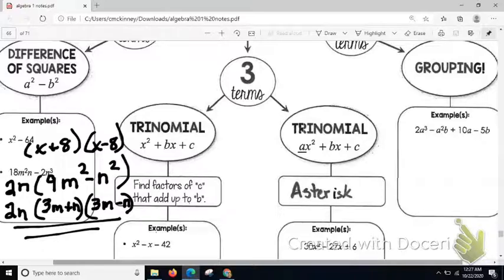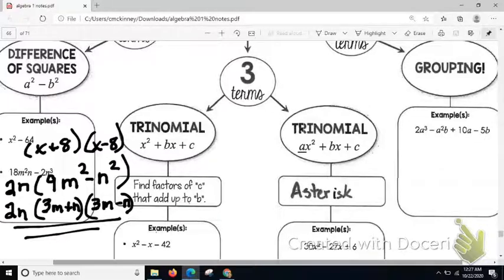So that second problem has two terms. It was not immediately a difference of squares. What I did, I looked at this. This is in your notes. That 18m squared n minus 2n cubed, they have a 2n in common. That's their GCF. When I take that out, we get 9m squared minus n squared.